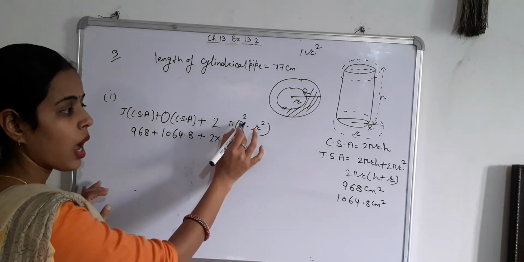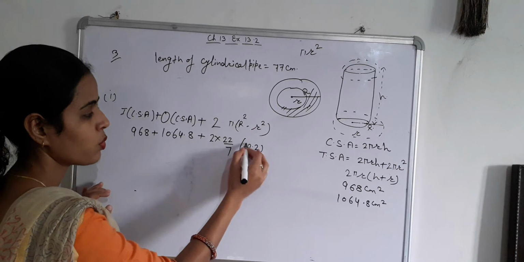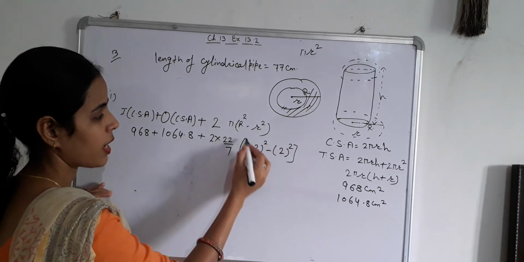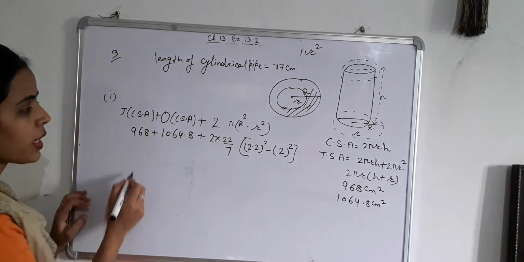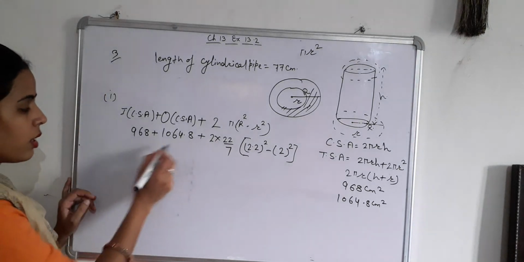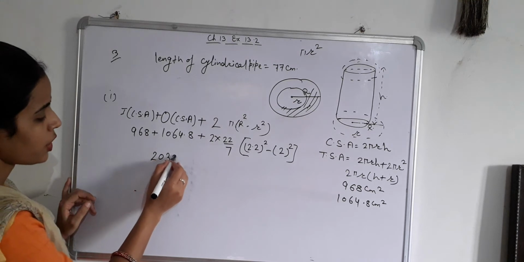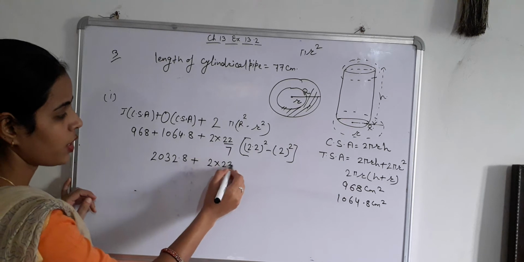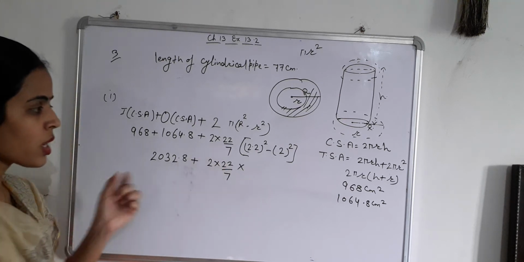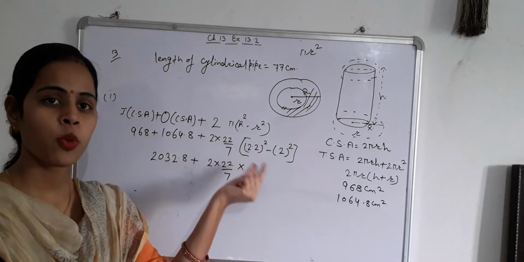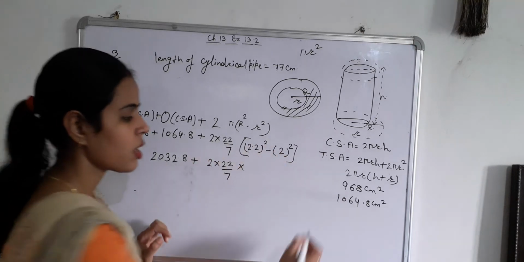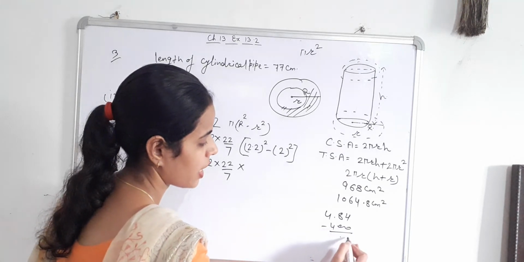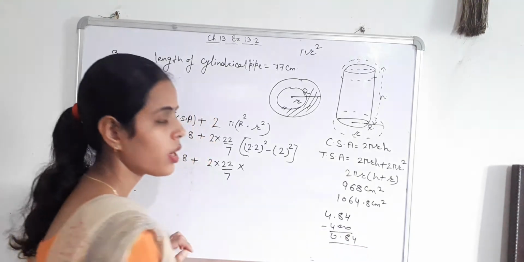Here capital R is 2.2 square minus small r, small r is 2 square. After calculating these terms, 2032.8 plus 2 into 22 by 7 into square of 2.2, which is 4.84, and square of 2 is 4. 4.84 minus 4, then 0.84 comes.